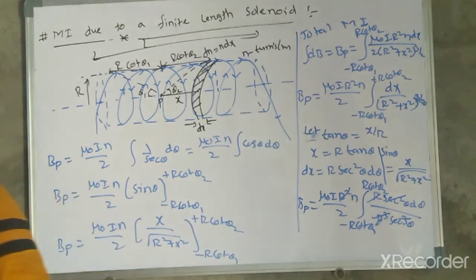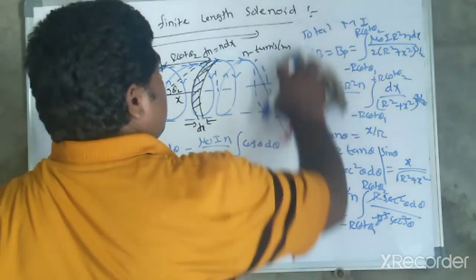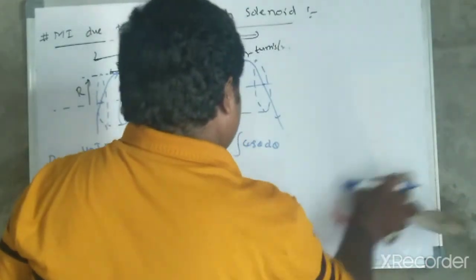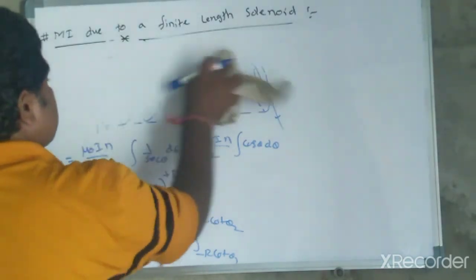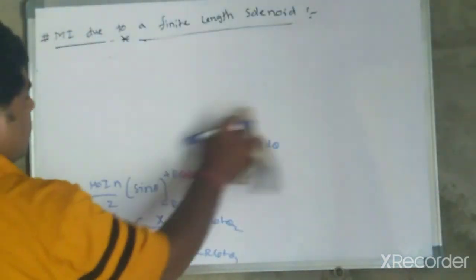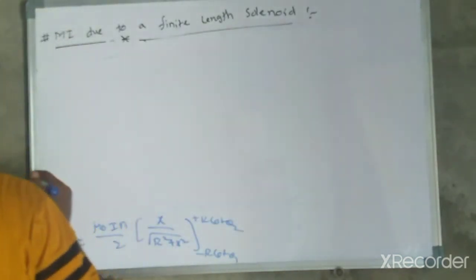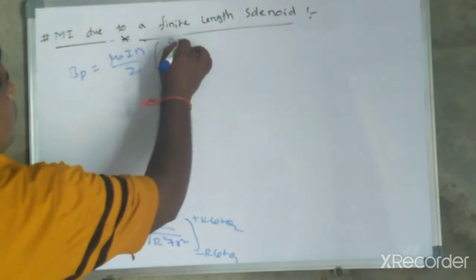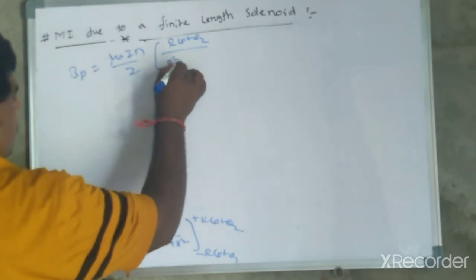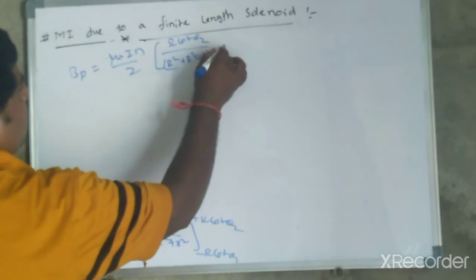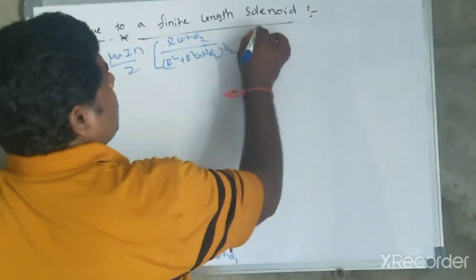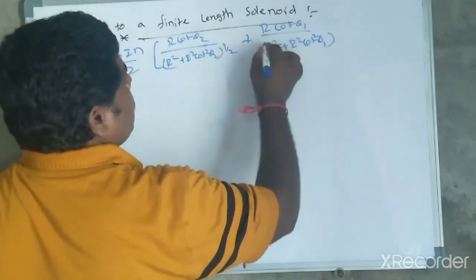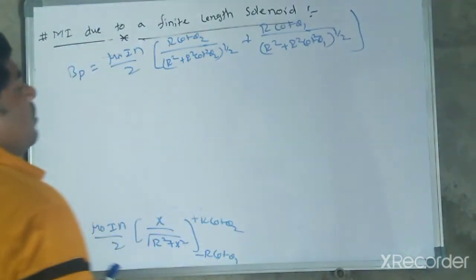So higher limit minus lower limit, you may substitute, and you will get the final expression. dB is equal to mu naught I n divided by 2 into r cot theta 2 divided by (r square plus r square cot square theta 2) whole power 1 by 2, plus r cot theta 1 divided by (r square plus r square cot square theta 1) whole power 1 by 2. This is the value.